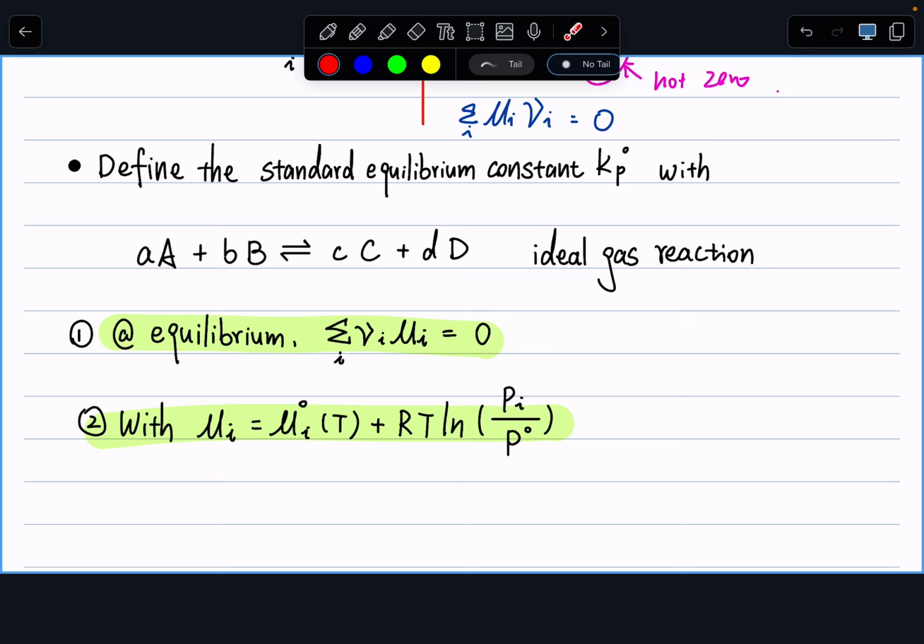First things first, what do we have here? We have that the sum of my stoichiometric coefficient times the chemical potential equals 0.